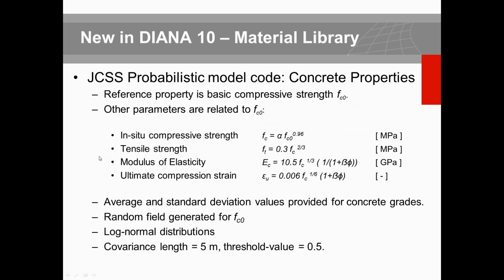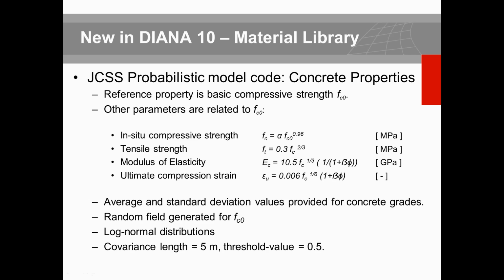For probabilistic analysis or model code that I mentioned to you, basically what model code tells you here is that your basic compressive strength can be correlated with other characteristics of your concrete, such as tensile strength, Young modulus, and compressive strain.